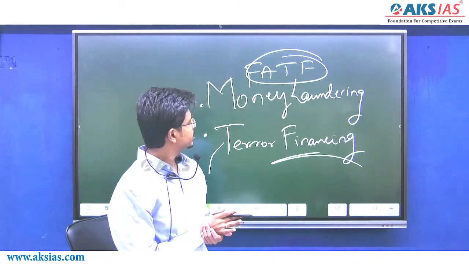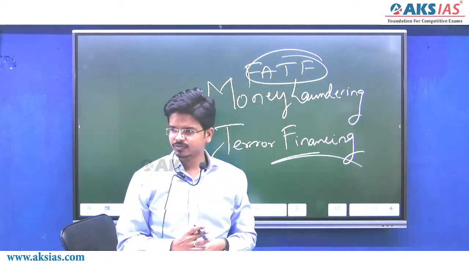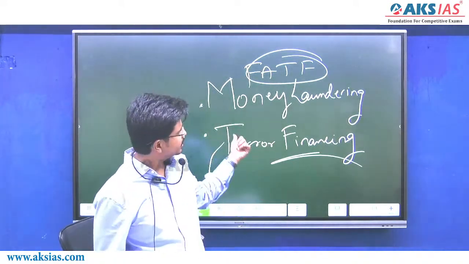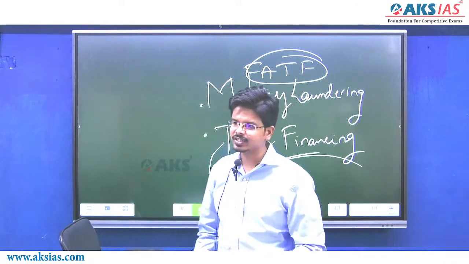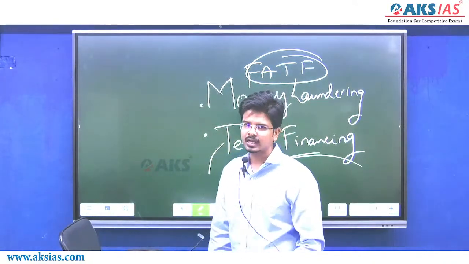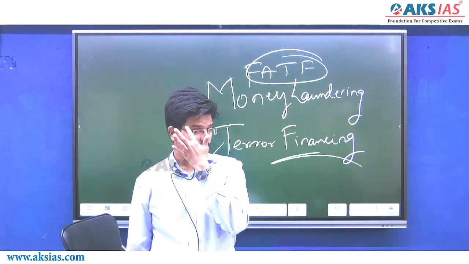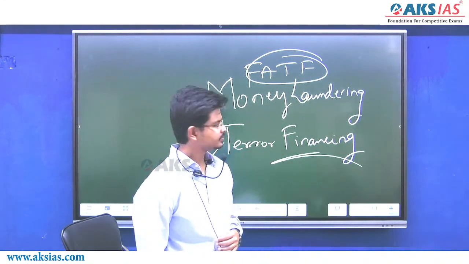So the world came together and created this Financial Action Task Force so that we can control this terror financing and money laundering activities. In India, we have something called PMLA, the Prevention of Money Laundering Act, an act passed by the Parliament. So these are important as part of our General Studies paper 3.